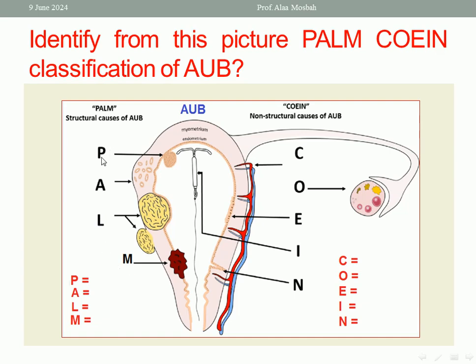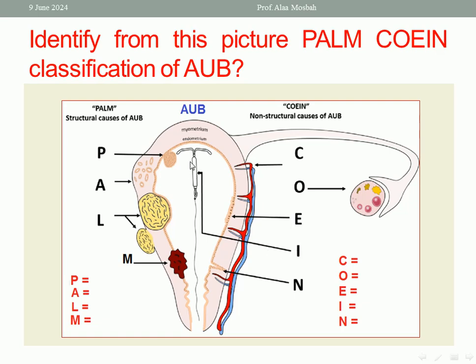When I ask you to write it, you should tell me what each abbreviation denotes. As you see in the picture, this is a polyp, this is adenomyosis, this is a leiomyoma, this is a malignancy. Here is the coagulation dysfunction, here is the ovulatory dysfunction, here is the endometrial causes, arteriovenous malformation or inflammatory, and so on.